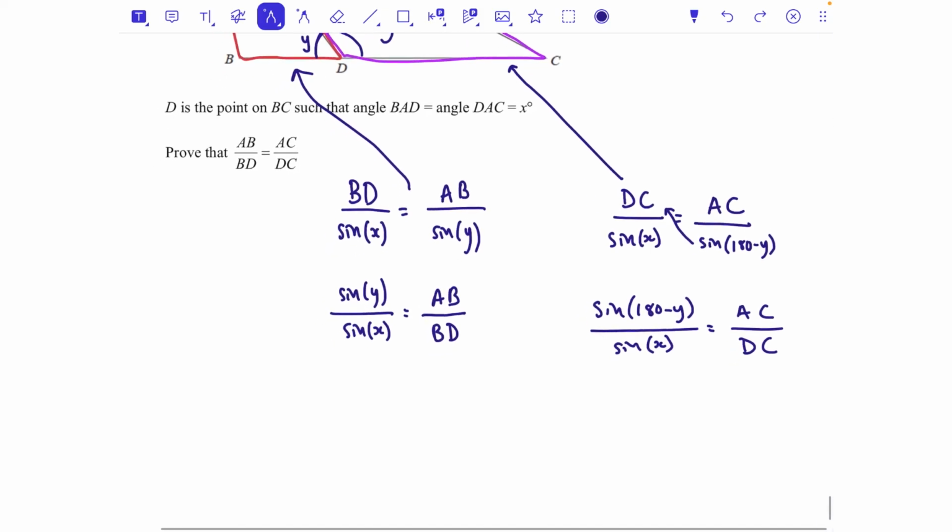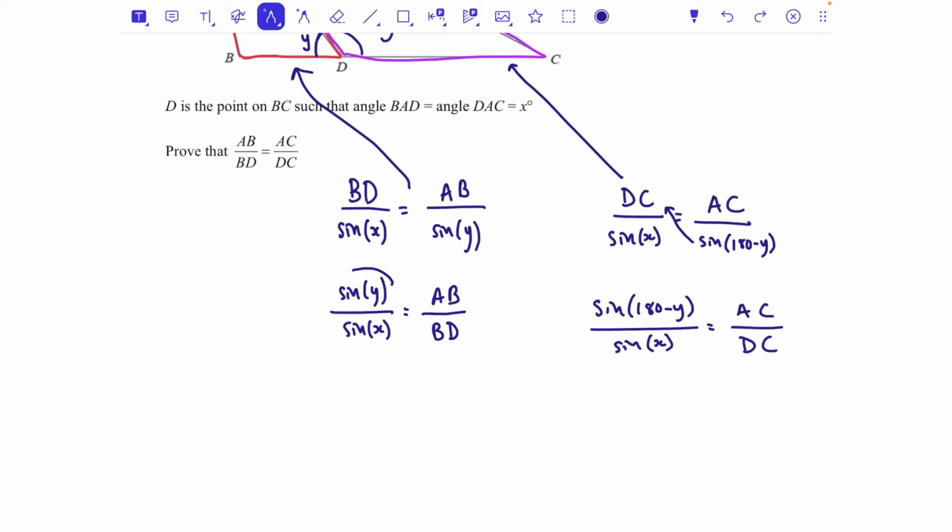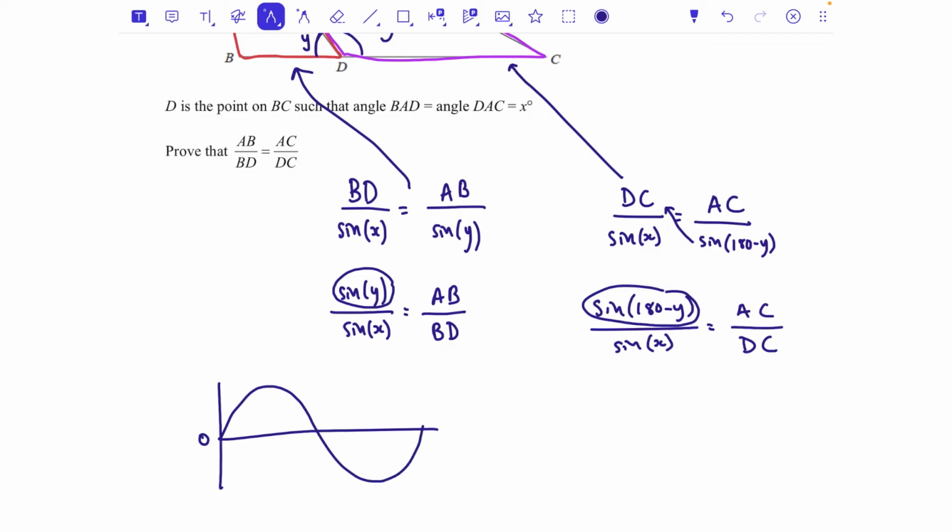Now, are these two things the same? Well, yes, they are, because sine y is the same as sine 180 minus y. If you think about a sine graph, sine looks like this. It starts at 0, at 90 it's up at 1 at the top, and at 180 degrees here it's back at 0, and it's symmetrical here.